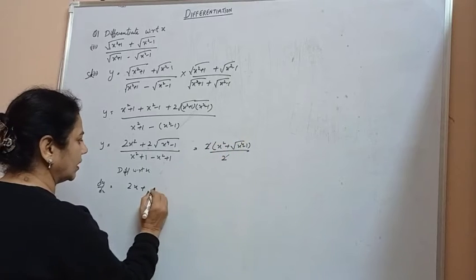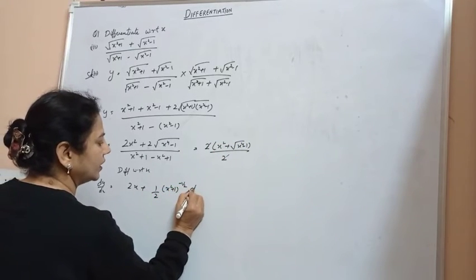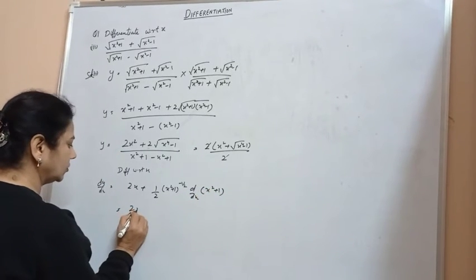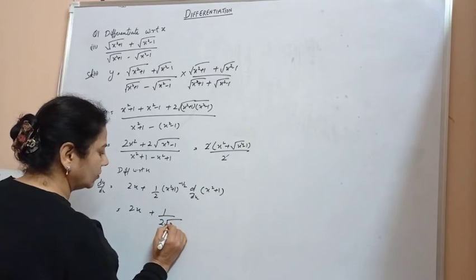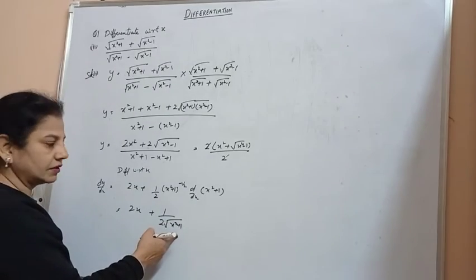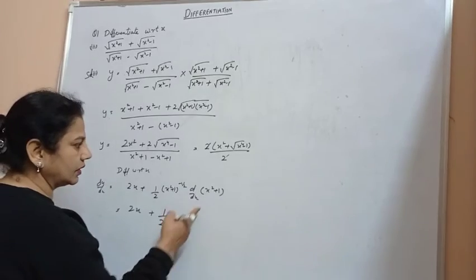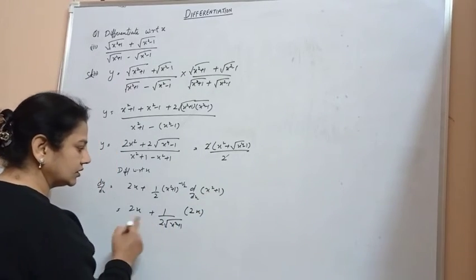dy by dx gives the result as the differentiation of x square, which is 2x, plus, for (x square plus 1) to the power half, half (x square plus 1) to the power minus half into the derivative of x square plus 1. So 2x plus 1 upon 2 under root of x square plus 1, as minus half becomes positive by taking it to the denominator, and the derivative of x square plus 1 is 2x. This 2 and this 2 cancel out.